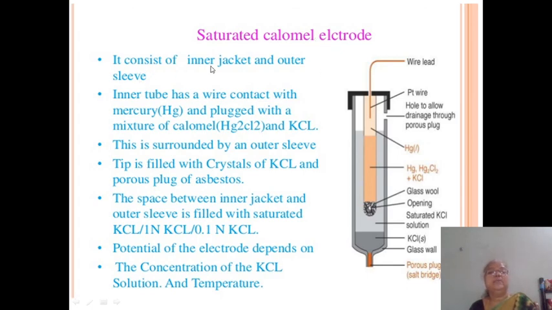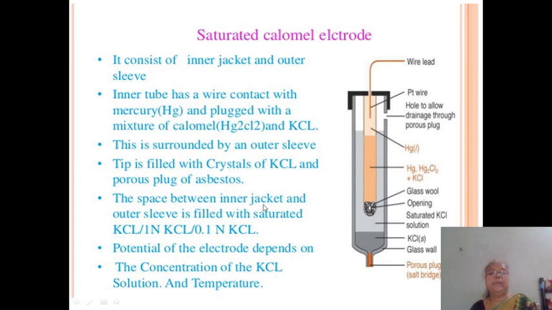The saturated calomel electrode consists of an inner jacket and an outer sleeve. The inner tube has a wire contact with mercury and is plugged with a mixture of calomel, the mercurous chloride Hg2Cl2, and KCl. This is surrounded by an outer sleeve. The tip is filled with crystals of KCl and a porous plug of asbestos.